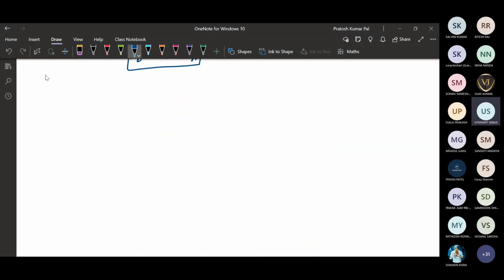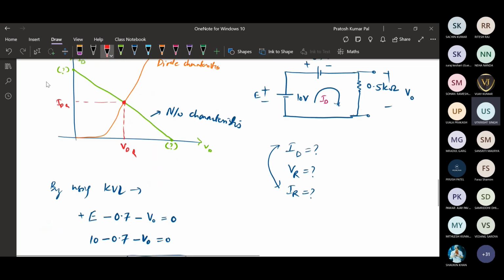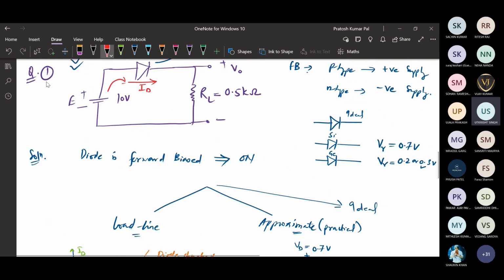Now another case, the ideal case. Suppose this diode is ideal. In that case, what will be the equivalent circuit?